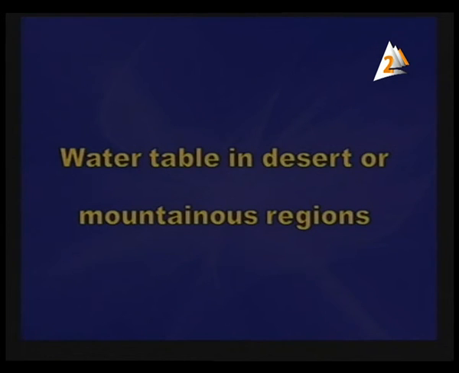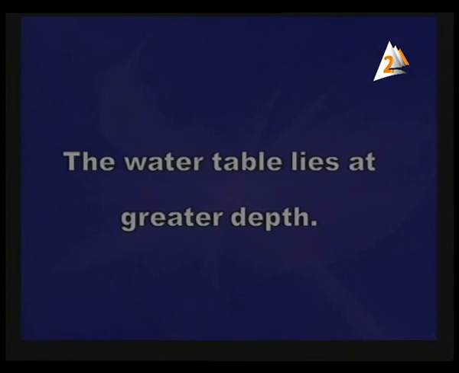Water table in desert or mountainous regions. In the reverse, the water table lies at greater depths. We don't have much discharge or frequent water going to these underground aquifers, so the water table lies at greater depth.